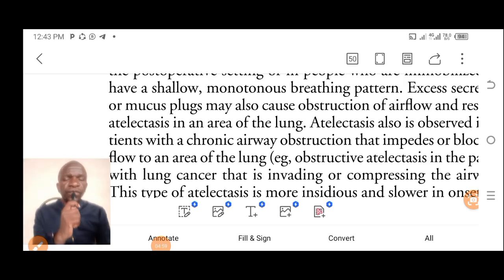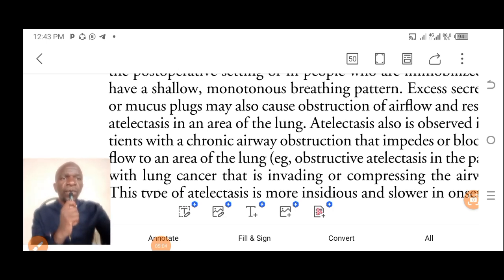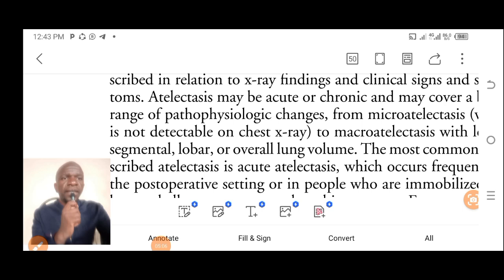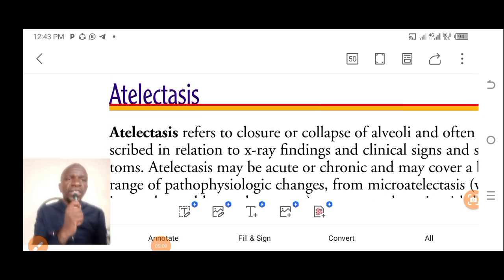So in brief, we said atelectasis refers to the collapse of the alveoli or the closure of the alveoli.